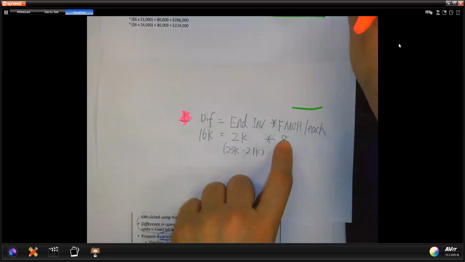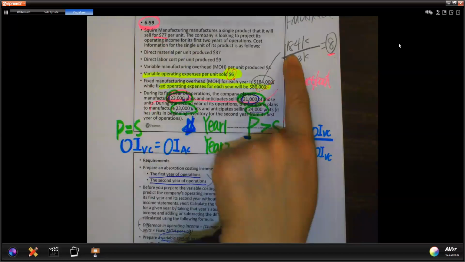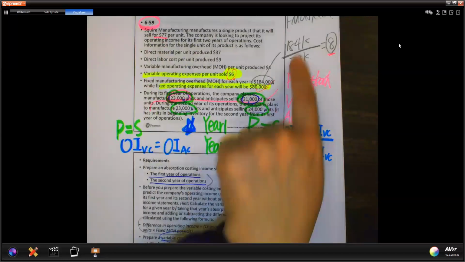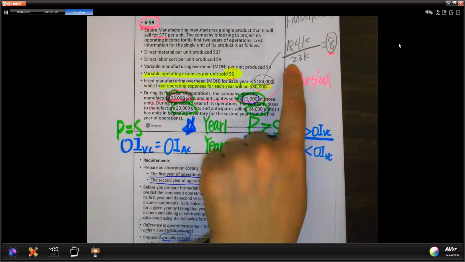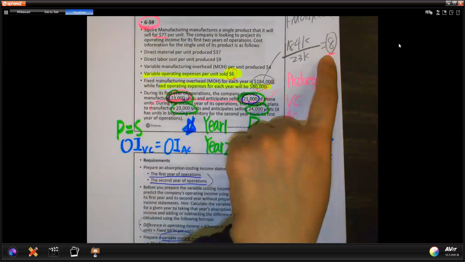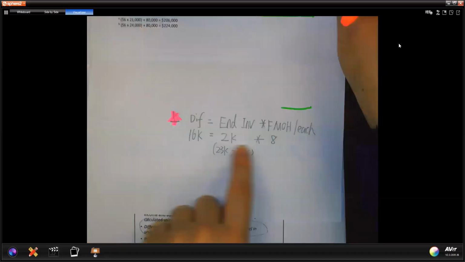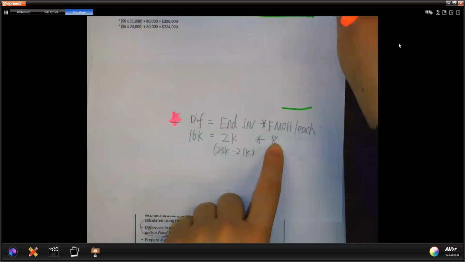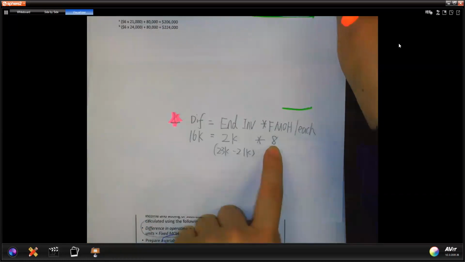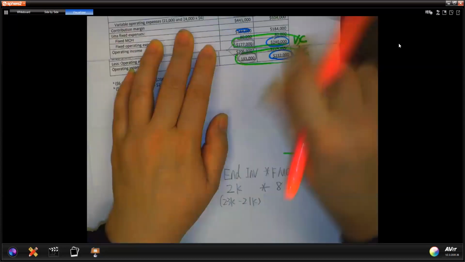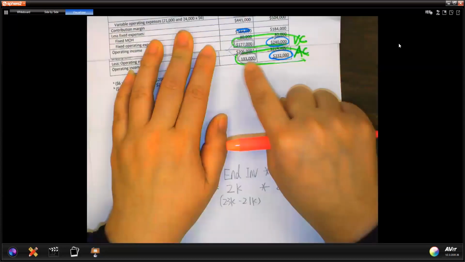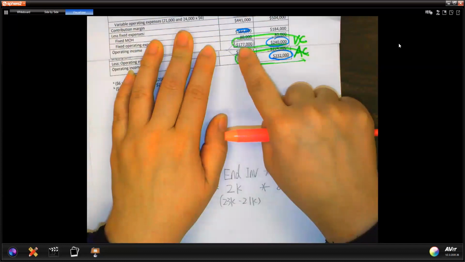We spent a total of 184,000 on fixed manufacturing overhead and produced 23,000 units, so each one gets $8. So your ending inventory of 2,000 times $8 fixed manufacturing overhead per unit gives you 16,000. That's also the difference between 193,000 and 177,000.